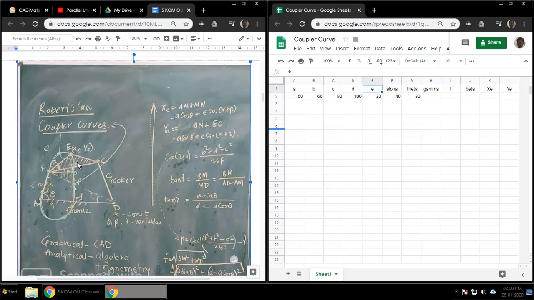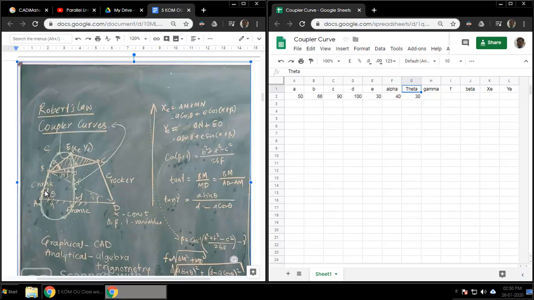BEC is completely one single link, and the angle between the lines joining BE and BC is alpha, and theta is the angle which this crank AB is making with the frame AD.